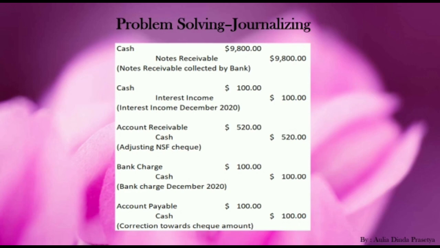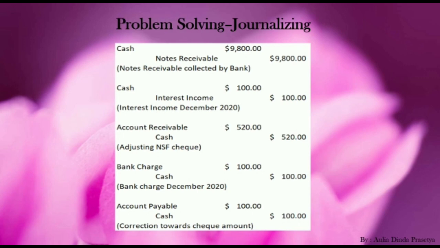The third is accounts receivable to cash amounting to $520 to adjust the non-sufficient check. And the fourth journal is bank charge to cash amounting to $100 to record the bank charge for December 2020.